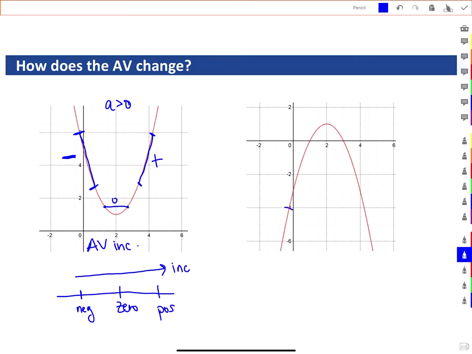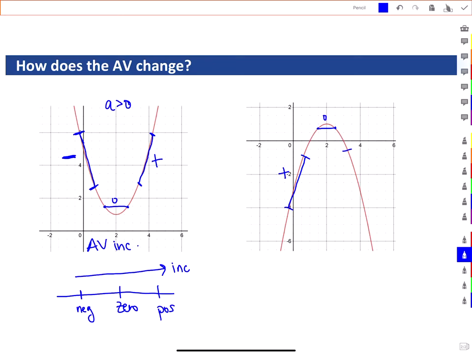Okay, so again, if I were to take something over here on the left side, and I were to connect those, that was bad, but pretend like that actually works. Again, it's increasing, so my average rate of change is going to be positive. Pick something that's symmetric. There, my average rate of change is 0.